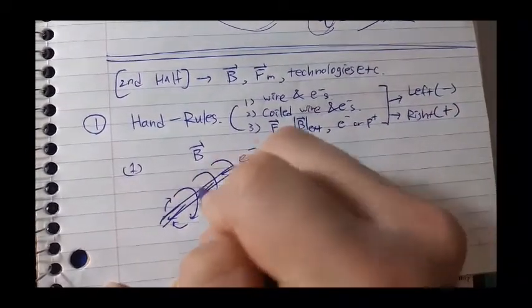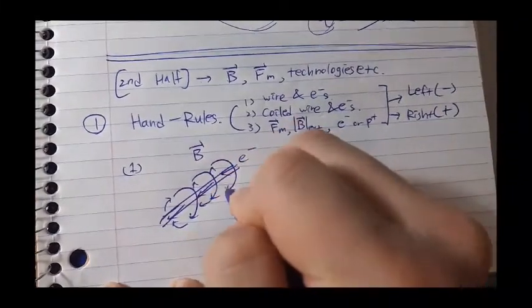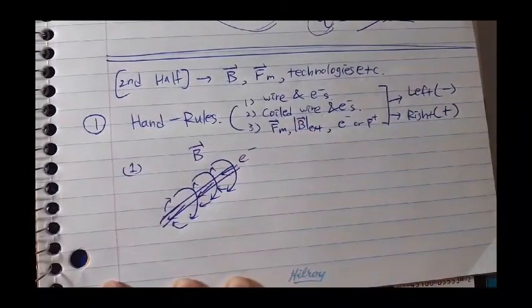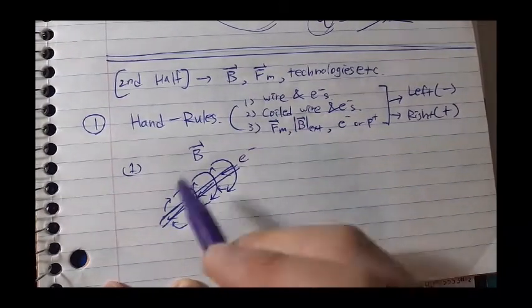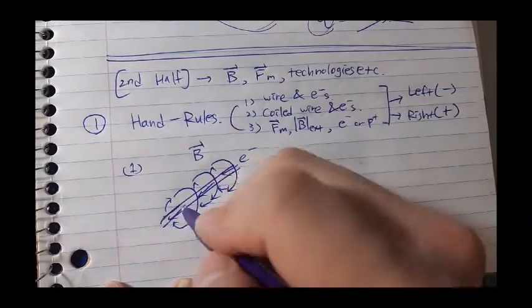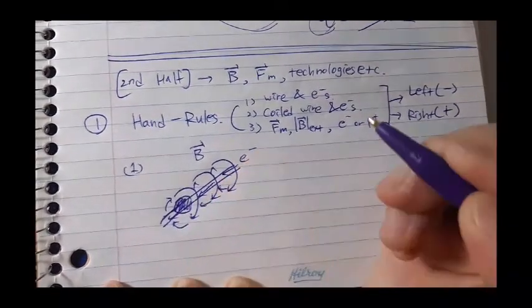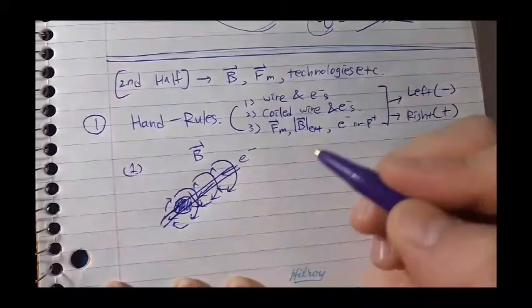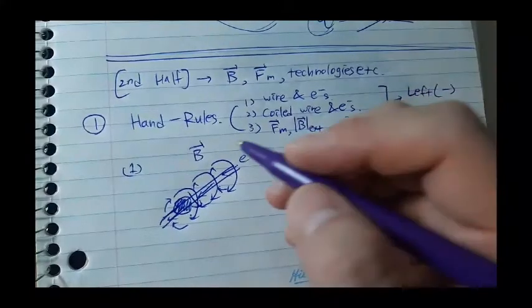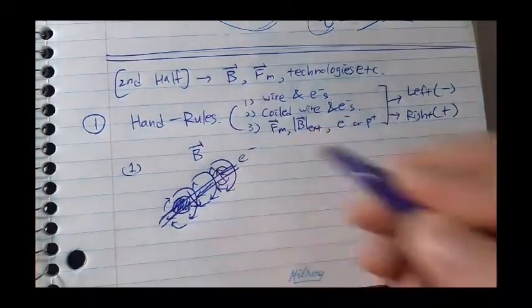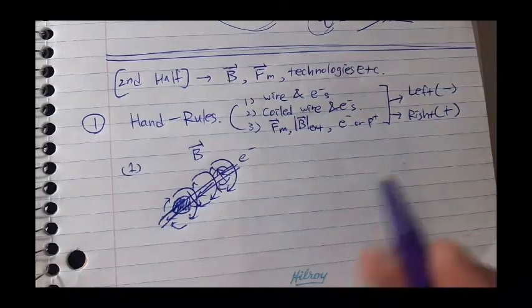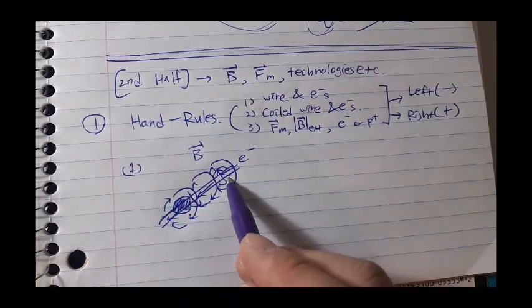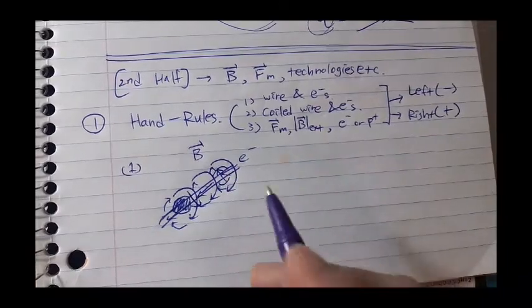That is my rule number one. It is the starting point of the three-dimensional situation and depends on where you put the compass. If the compass is right above, then north will point this way because my forefinger curves toward that. If it's below, then it should go the other way. It's curling back, so north will point that direction if it's underneath this wire. So have that in your mind.